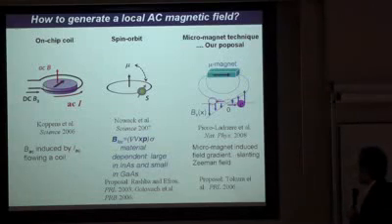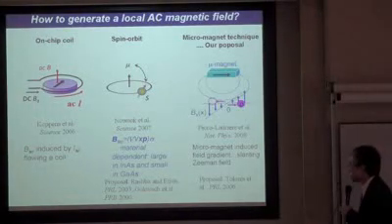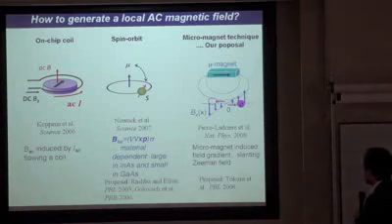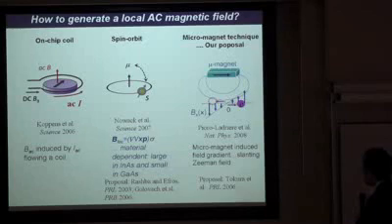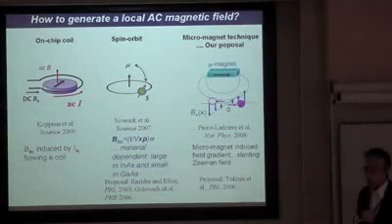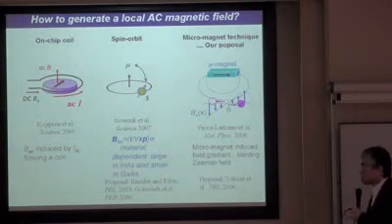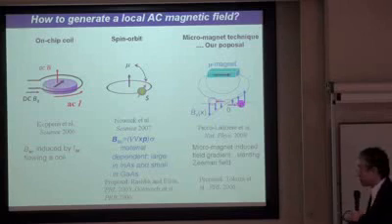Another idea is to use spin-orbit coupling, which was just discussed nicely by Professor Nitta. By applying an AC electric field to the dot, this AC electric field is converted to a local magnetic field through spin-orbit interaction. So you can create an AC magnetic field by converting from the AC electric field.